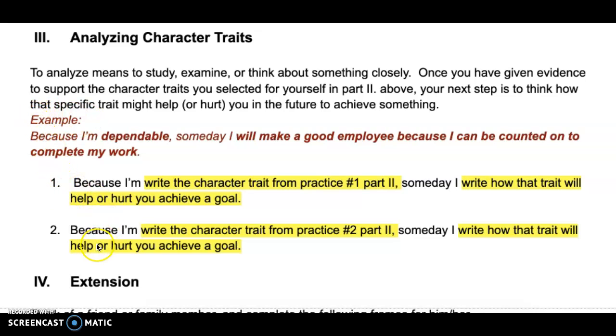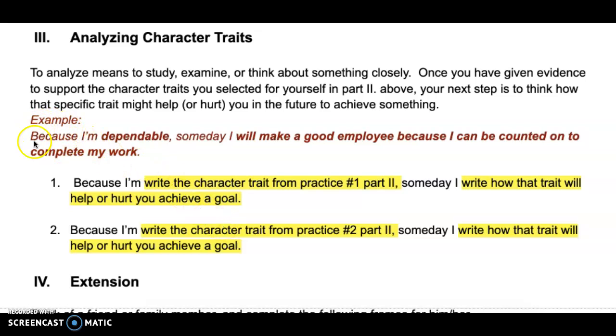You've got 2 of the same sentence frames here where you're going to analyze the 2 character traits you completed in part 2 above. The sentence frame says, because I'm, and you're going to write the character trait from practice number 1, part 2, someday and then you're going to write how that trait will help or hurt you to achieve a goal.